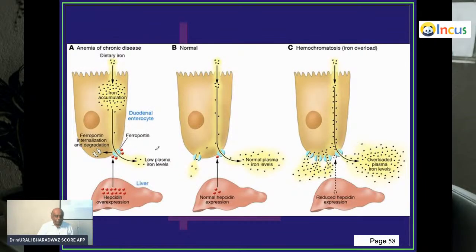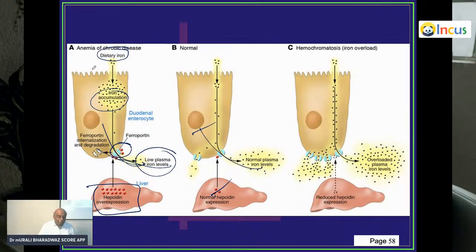Now, doctor, let us once more get a mental picture of all that we discussed. Dietary iron accumulates. There is a ferroportin which will make it come into plasma, and that is possible if the hepcidin is not expressed. Normally, with normal hepcidin, it will come. But if there is anemia of chronic disease, what will happen?